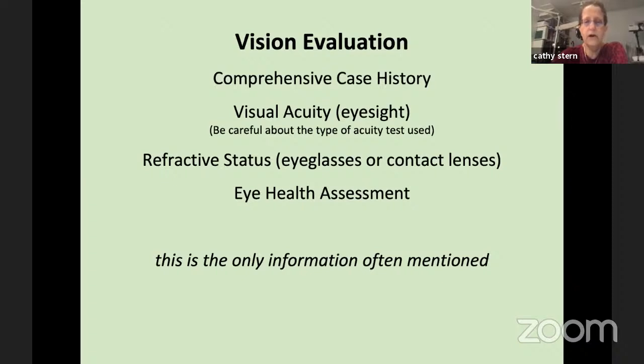Obviously, we want to look at visual acuity. And when I say be careful about the type of acuity test used, I've had over the years, maybe half a dozen patients that I was told before they came in that they were legally blind, meaning they couldn't see more than the large E on a typical chart. And when they came in, they had better visual acuity than I do.